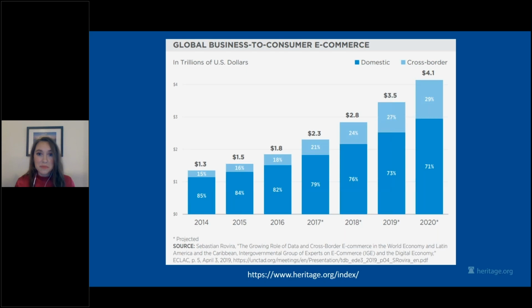You'll notice that many of these years are projections, including years past, because collecting data on these flows is extremely difficult. So data is essentially information. This makes it vital for businesses and vital for economic freedom. For example, the manufacturing sector has seen enormous gains because of digital trade. The sector creates more data at every stage of the supply chain than any other sector in the US economy.